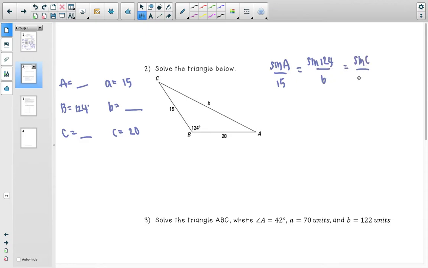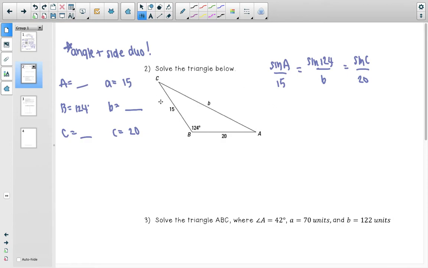We do not have a complete ratio. We do not have that angle side duo that we need. Okay, so this problem is not possible. So not with what we're trying to do, not with the law of sines. It's possible, but not with where we're at.